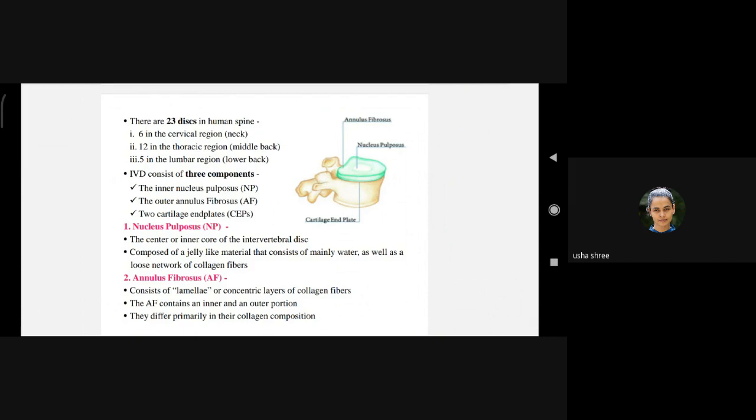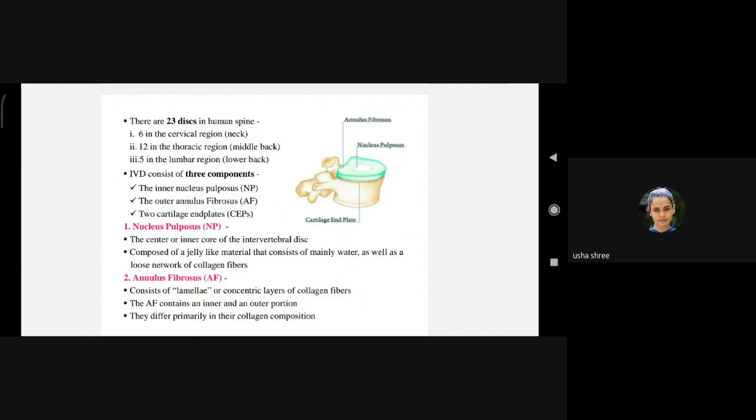Okay, is it clear now? After the lumbar region there is no intervertebral disc because the sacrum and coccyx are fused bones.